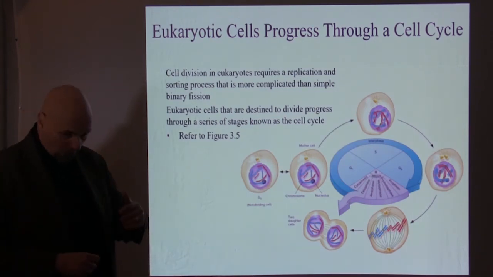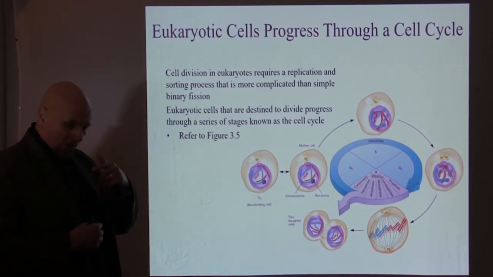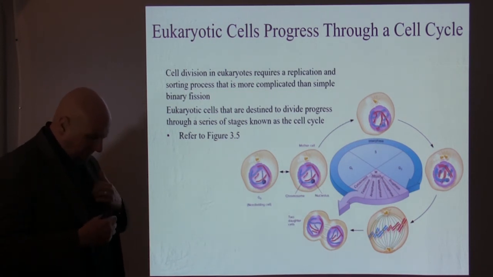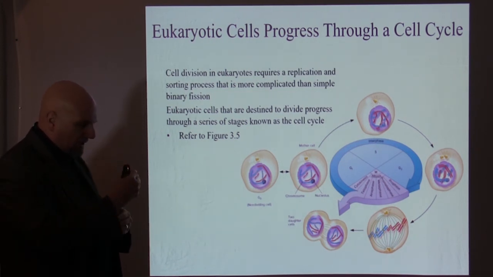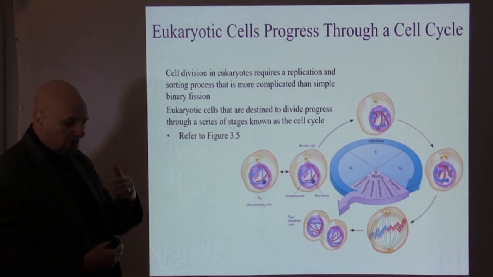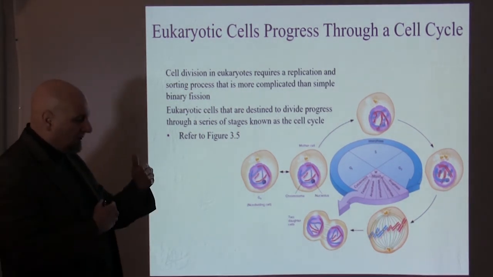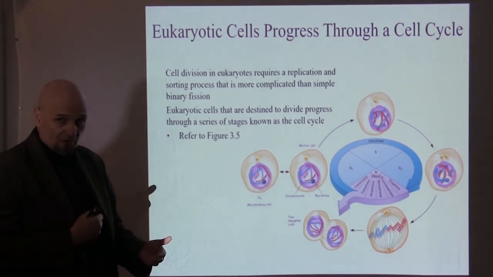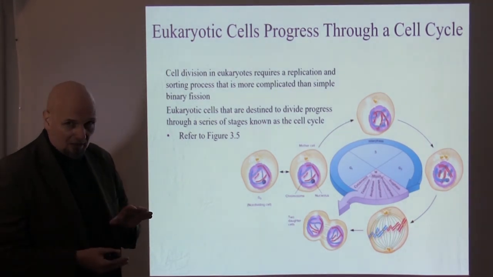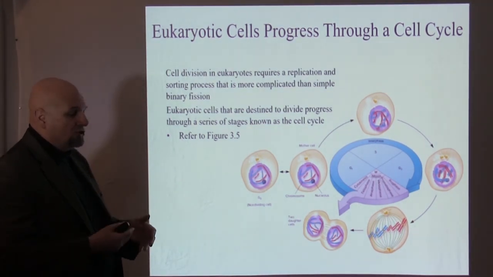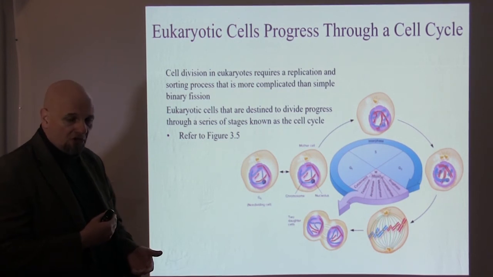Eukaryotic cells actually go through a cell cycle, so they have to go through various stages. They go through what we call G1, the growth phase 1. Then they go through DNA synthesis, so they double the amount of DNA during S phase. Then they hit G2, growth stage 2.